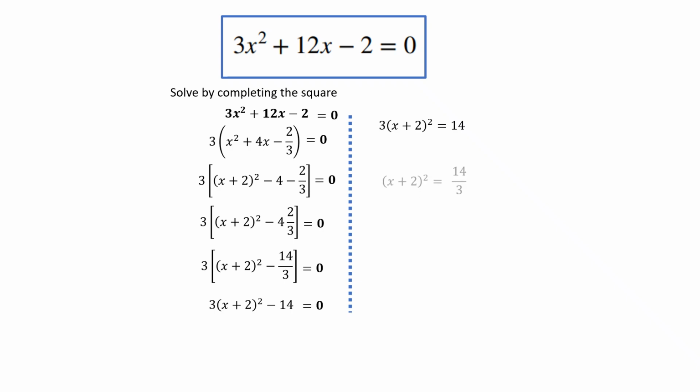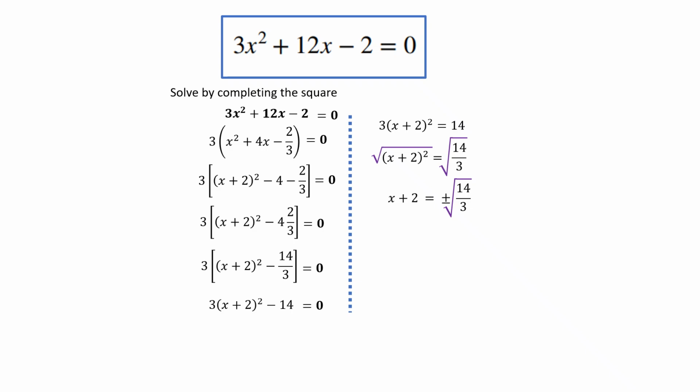Divide by 3 to get rid of that 3. So you'll have (x plus 2) squared equal 14 over 3. Square root both sides. The 2 cancels the square root. So you'll have x plus 2 equal plus or minus root 14 over 3. That's very good.